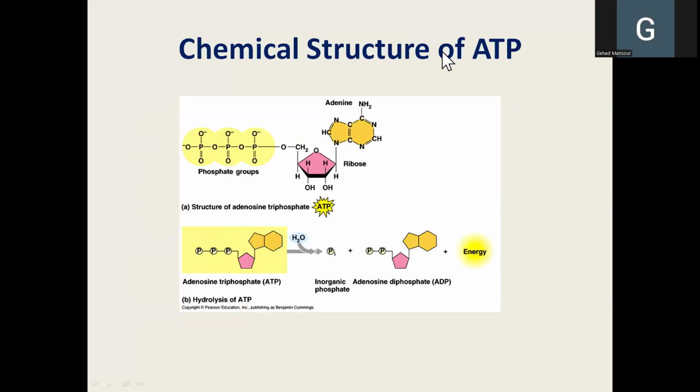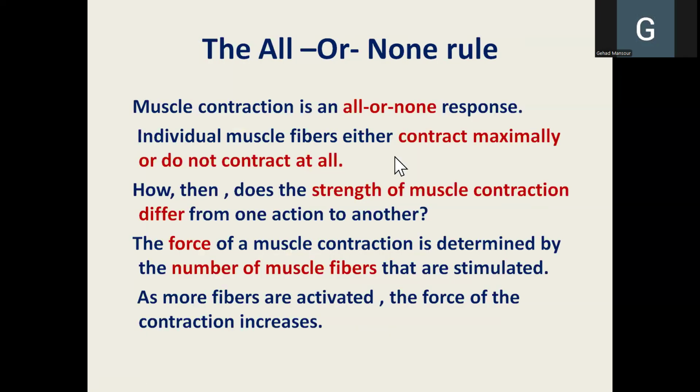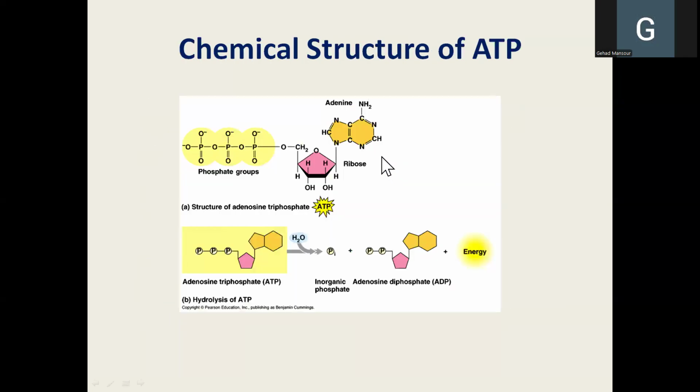Of course, this is the chemical structure of ATP. Here we have adenine, which is a nitrogenous base, and ribose sugar, and both are present, by the way, in RNA. And then we have 3 phosphate groups. So this is adenosine triphosphate. And as you know, the bond between the last phosphate group and the remainder of the molecule is a high energy bond.